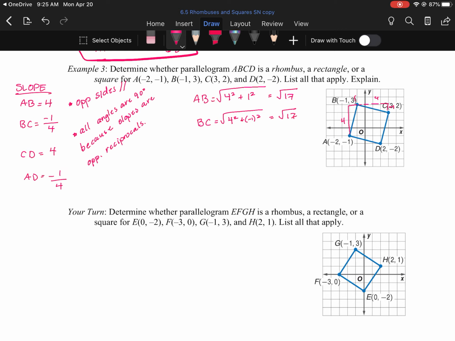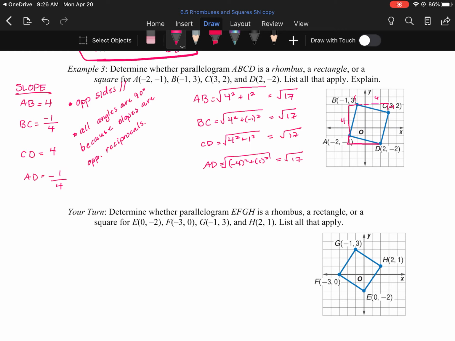So far, I have 2 consecutive sides being the same length. C to D, well, that again was 4 and 1. So I'm going to have 4 squared plus 1 squared, square root, so square root of 17. And then A to D, remember that was back 4, up 1. So negative 4 squared plus 1 squared, 16 plus 1, square root of 17.